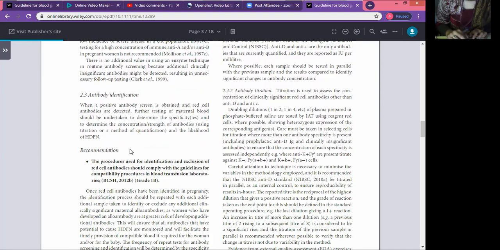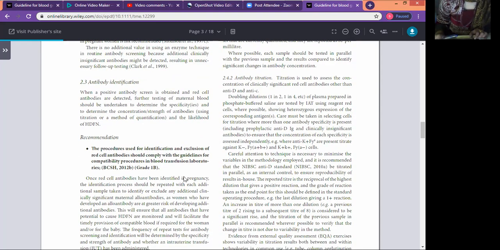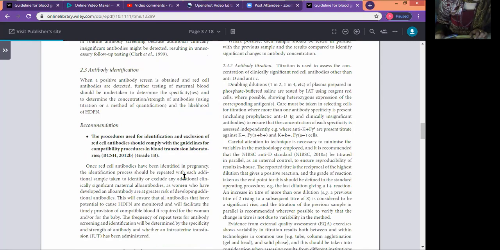Now, this antibody identification should also be done according to the 2012 guidelines, and they have mentioned that if any antibody is detected, then it should be further classified, and the type of antibody should be stated.